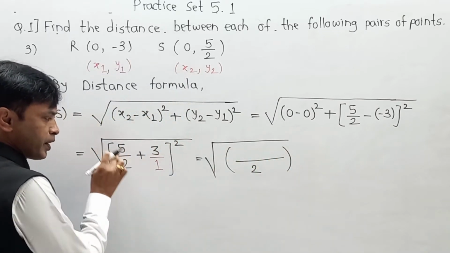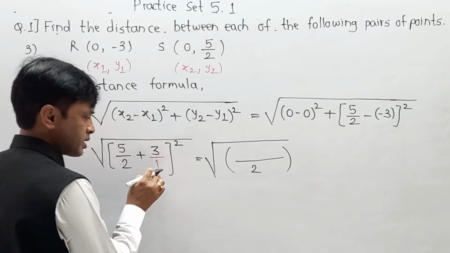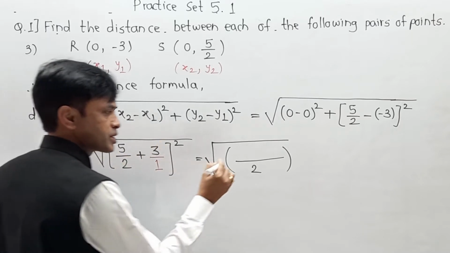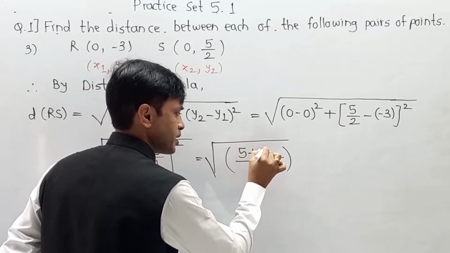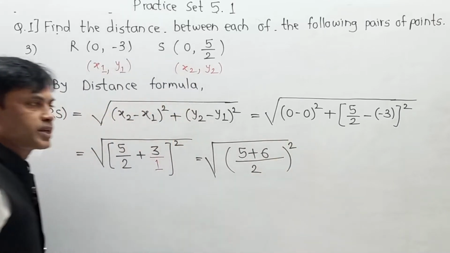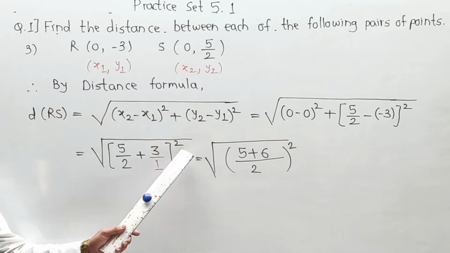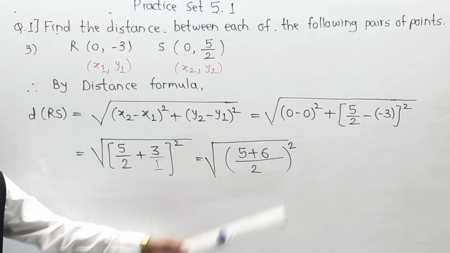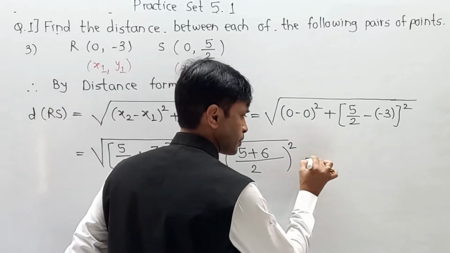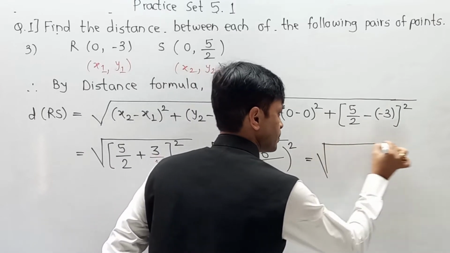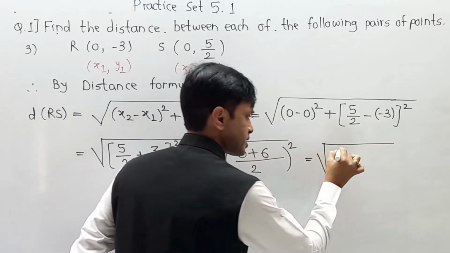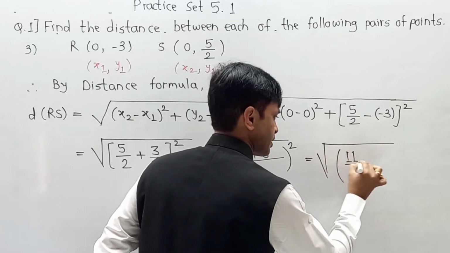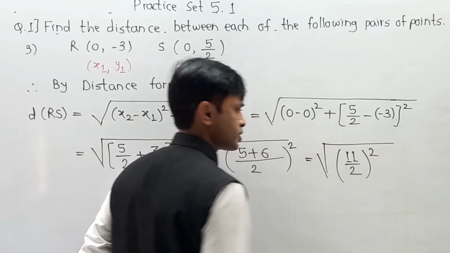And 1 into 5 is 5, and 2 into 3 is 6, so it becomes 5 plus 6, and the bracket square is as usual going on because the entire bracket is squared here. So 5 plus 6, that is 11 upon 2 squared, and everything is under the root.